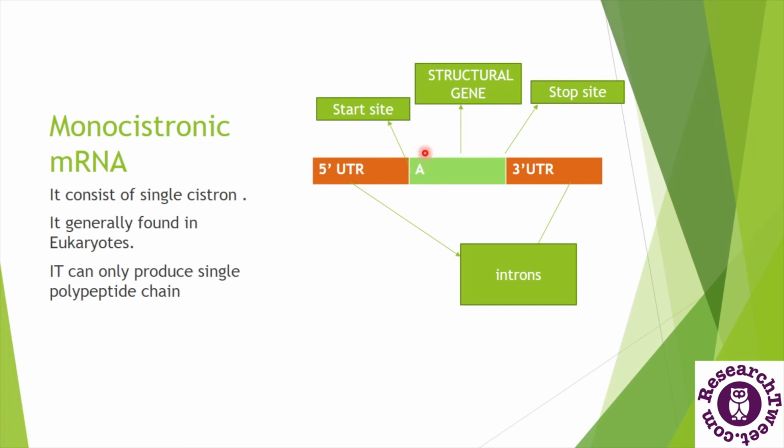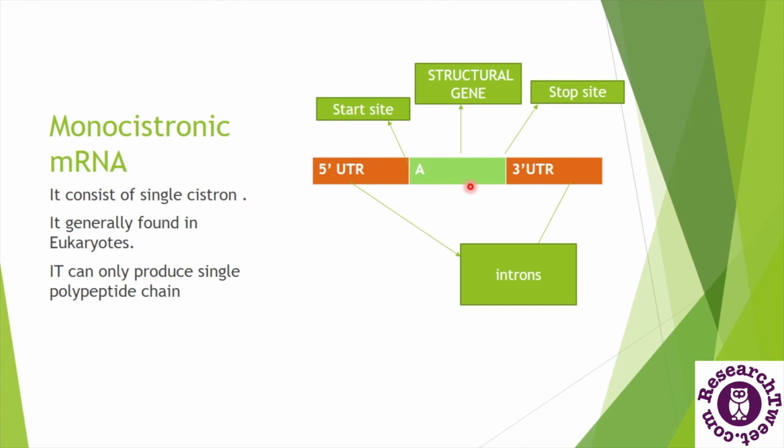Now in the process of transcription, only one mRNA is formed, and after transcription only one peptide chain is formed by this structural gene. So DNA sequences or transcriptional units having only one single structural gene within them are called monocistronic, and the RNA where a single structural gene is present is called monocistronic mRNA.